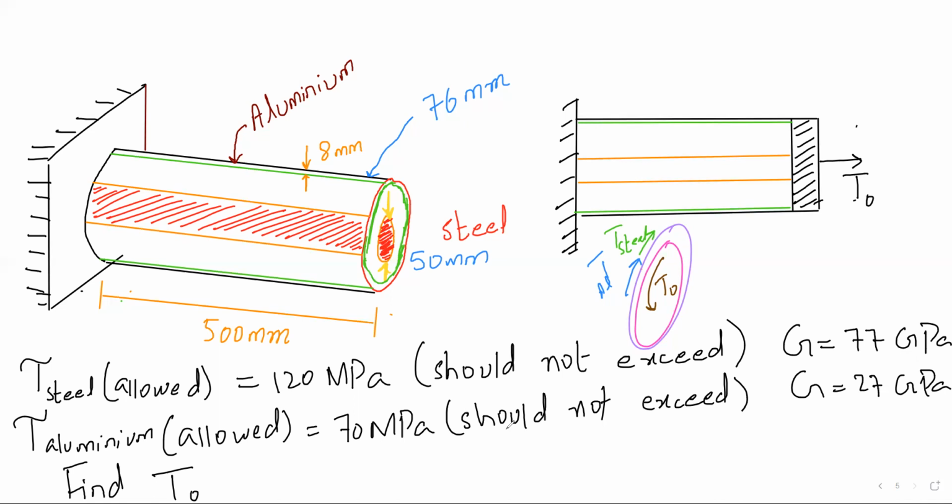The question says that you have to find the maximum torque that you can apply to this structure. Now, why did I make this cap? I made this cap because I want you to remember that we are putting the torque on both of them. Had I not put this cap, you would have got confused because you would have thought, are you applying the torque on the aluminum or on the center one?